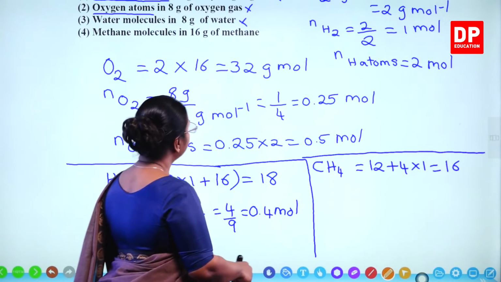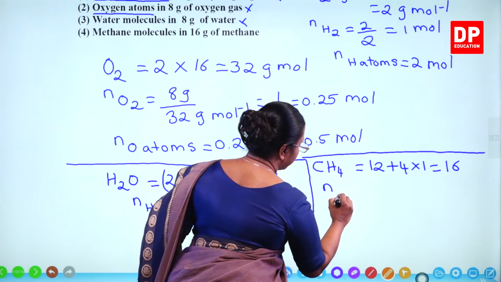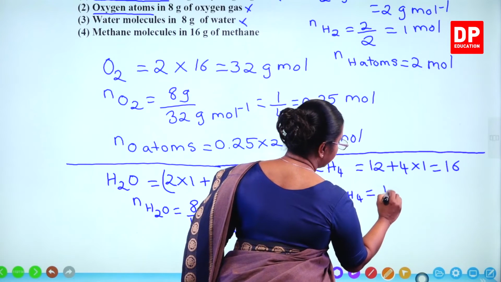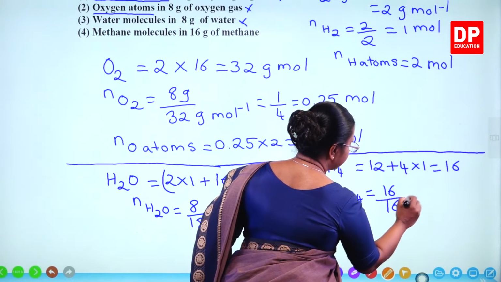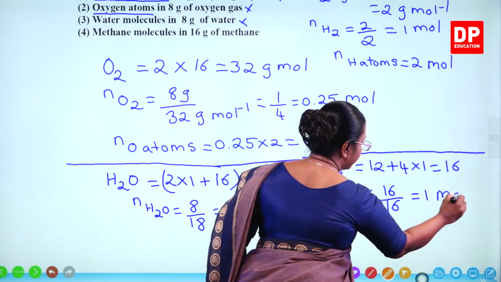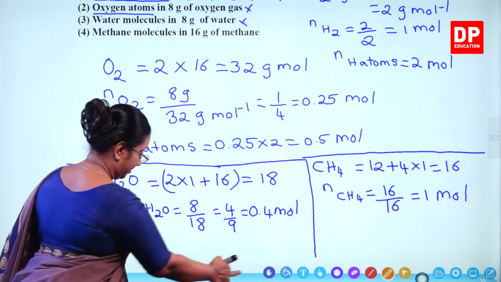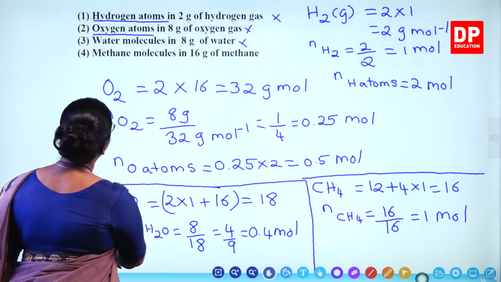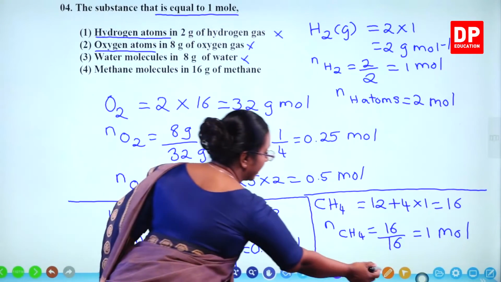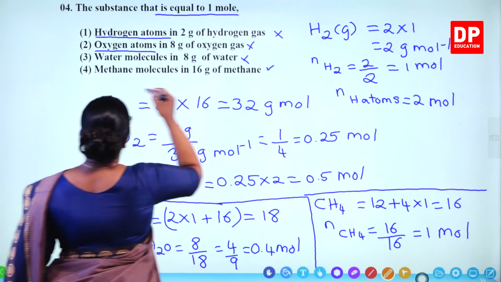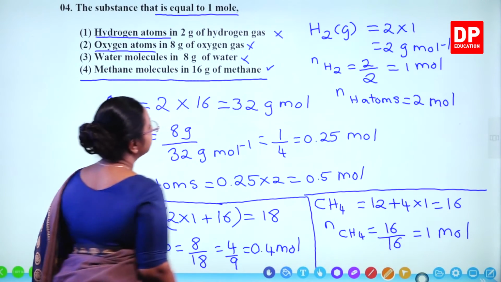Then if we calculate the number of moles, CH4, that is 16 grams divided by 16, that is 1 mole. So what was the question again? We are supposed to find the substance that is equal to 1 mole. So this is correct. So that is the answer there.